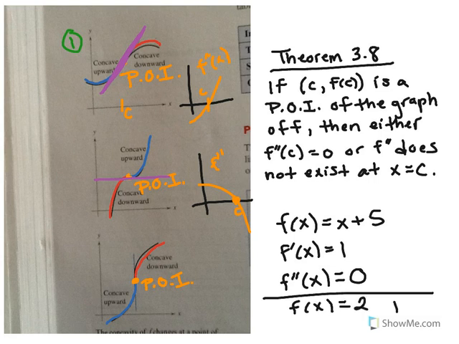Then I could find f prime of x, which would be 0, but then what's f double prime of x? And the answer is nothing. It doesn't exist. So that's what you want to look for: either f double prime of c equals 0, or it does not exist at that point. So there's a lot of things to look at, and you have to really take your time. We can take a look at some other information here.